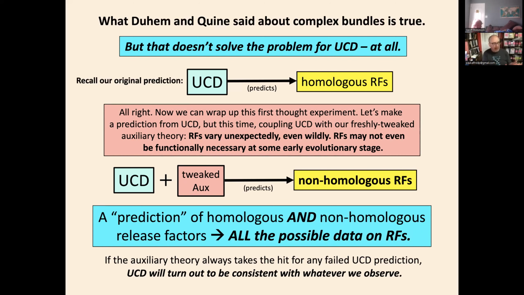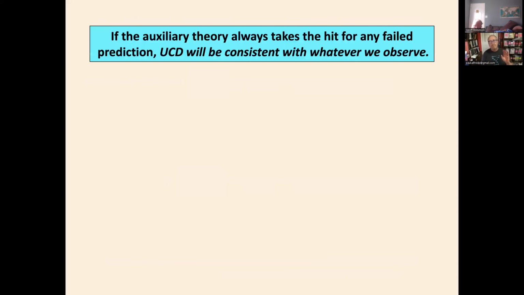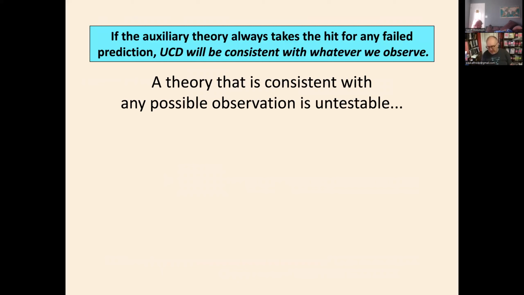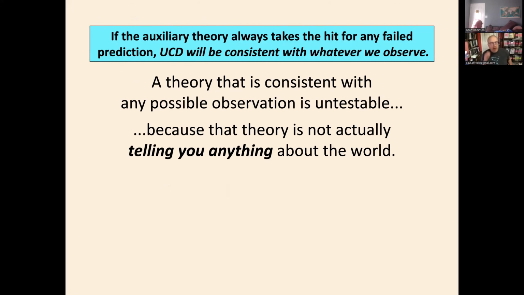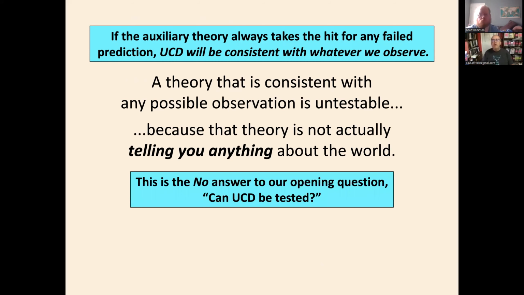Maybe they'll be homologous, maybe they won't. Hard to say. We've tweaked our auxiliary theory in such a way that we can predict whatever we observe. That's a problem, because a theory that is consistent with whatever you observe is untestable. It's actually not telling you anything about the world, because whatever you find, you can find a way to harmonize it with your core theory.